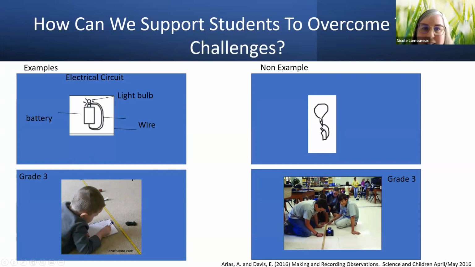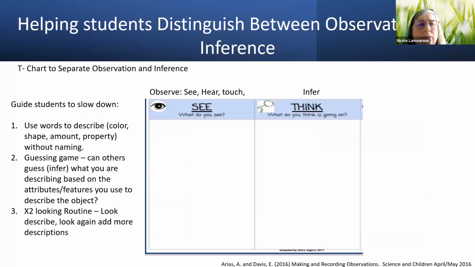And I know in grade 1, they're just starting to work on it. So it's, okay, how can we make this look a little more like what we observed? Now in grade 3 with accuracy, the boys look like they're accurately recording, but they're not recording it. So examples and non-examples are a great way to introduce that and continue that with your students.